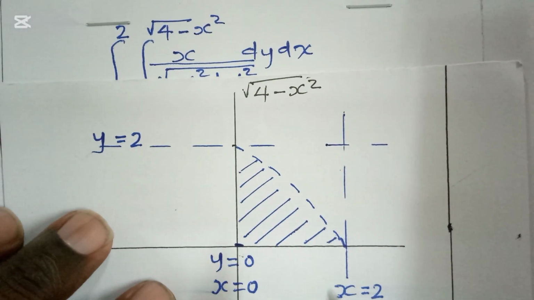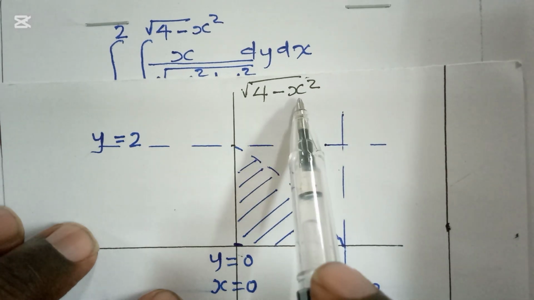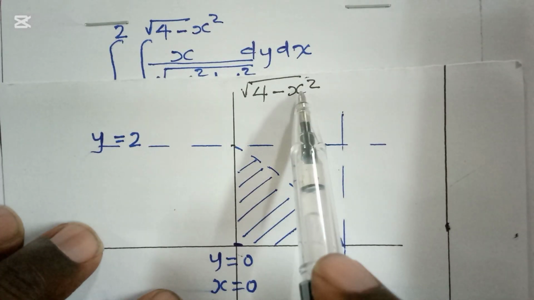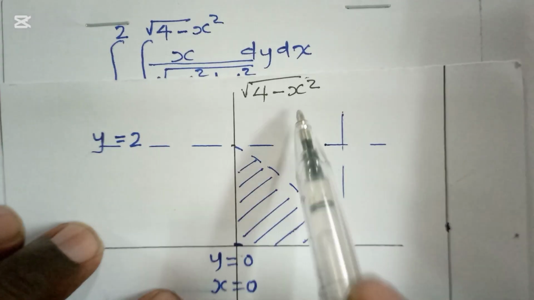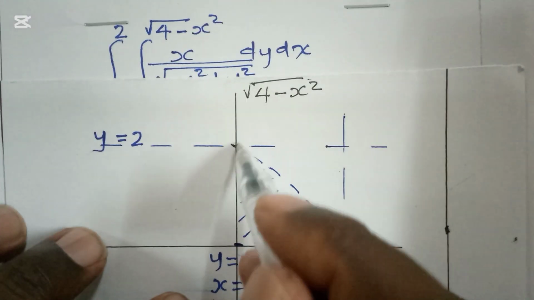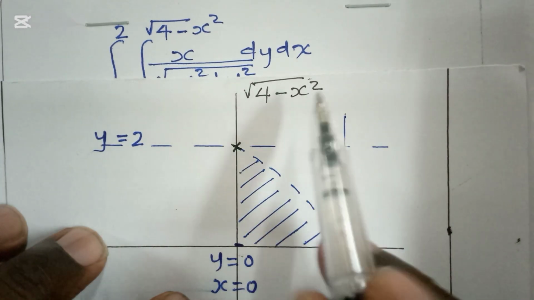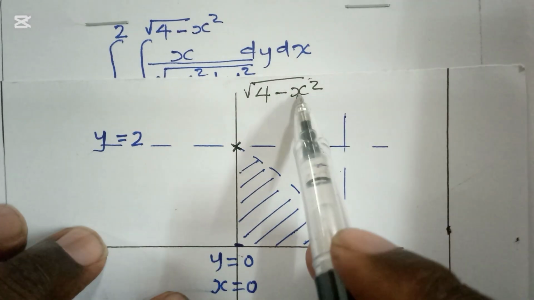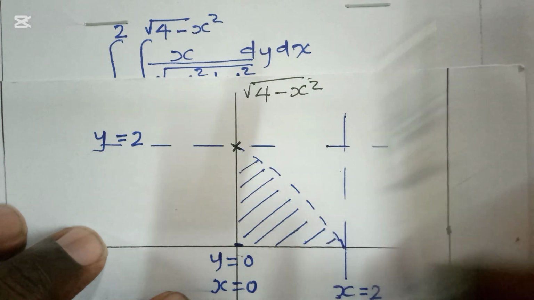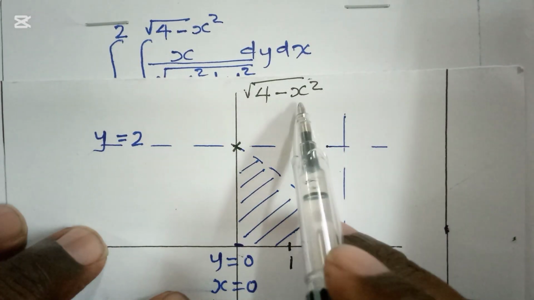If we draw that region, we use this equation so that when we put 0, we have this point, that is 0 and 4. And then we can maybe put x equals 1.